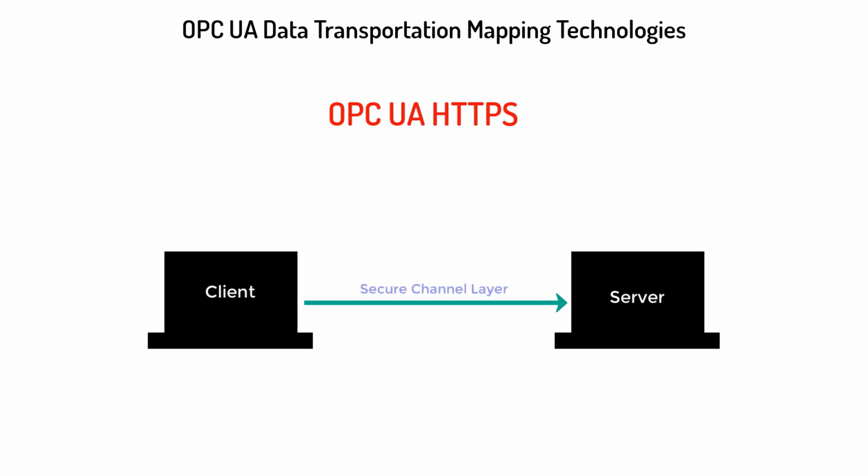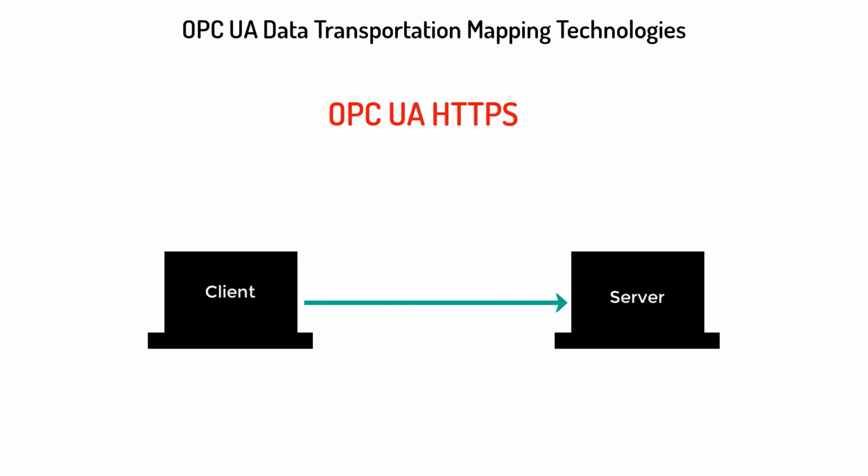However, the HTTPS transport protocol has no access to the encryption mechanisms that go on in the secure channel layer handshaking. Instead, it determines its own cryptography algorithms that are outside of the scope of OPC UA. HTTPS clients are allowed to have certificates, but they are not required by the HTTPS transport.